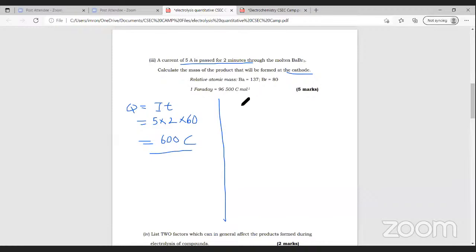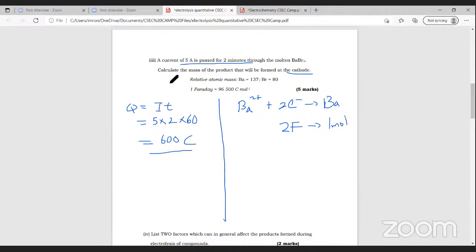Now let's talk about what happens at the cathode. At the cathode, barium ions are going to gain electrons to form barium. So that's 2 electrons or 2 Faradays to produce 1 mole of barium.